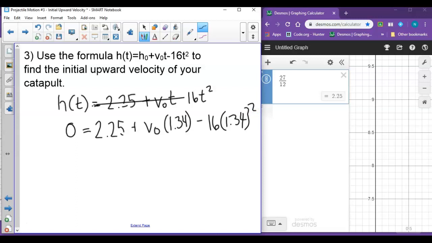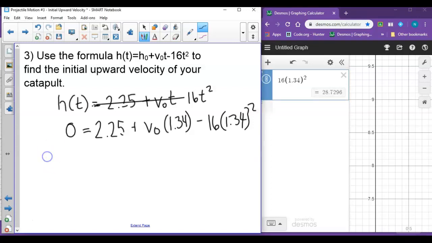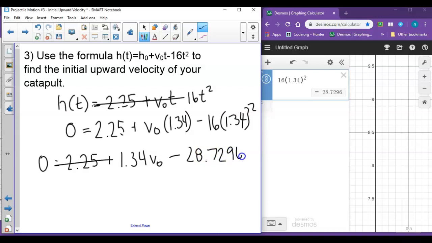squared. I'm going to figure out what 16 times 1.34 squared is. That gives me 0 equals 2.25 plus 1.34 times v sub 0 minus 28.7296.